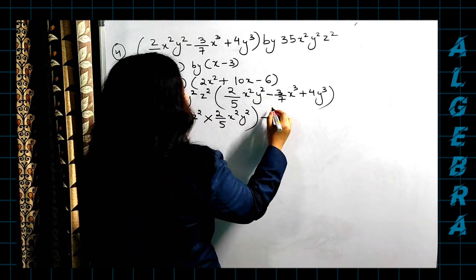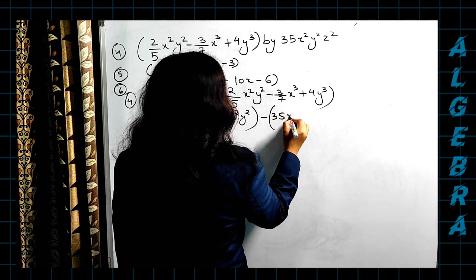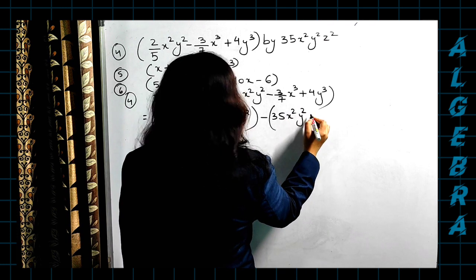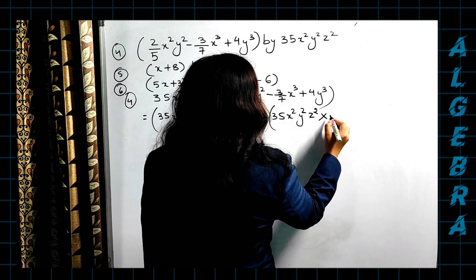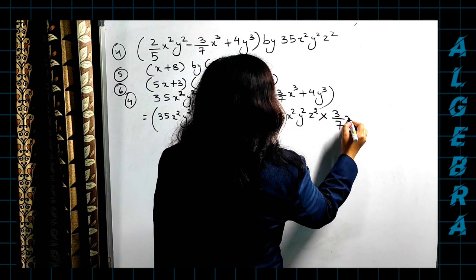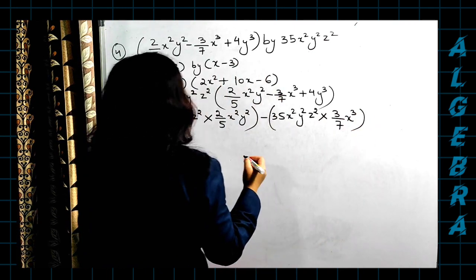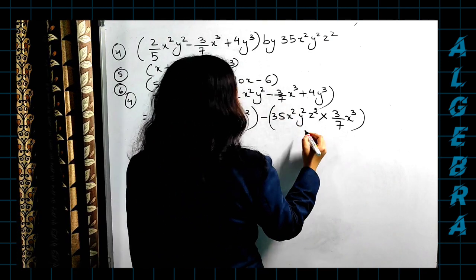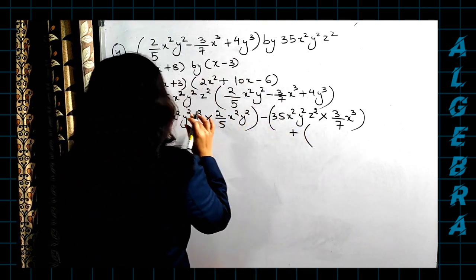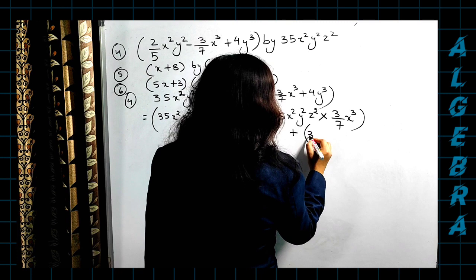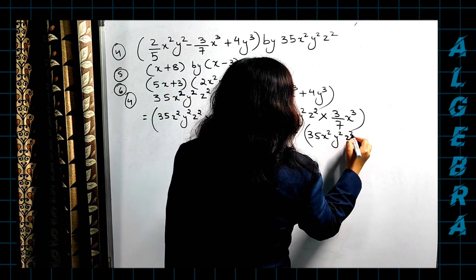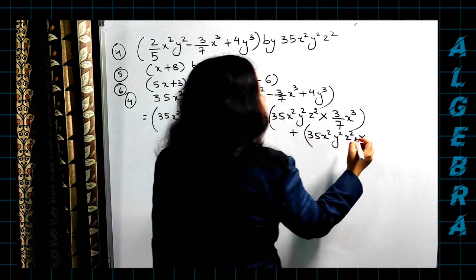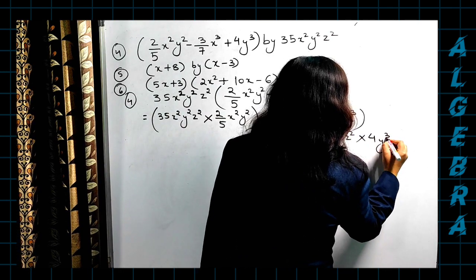Then 35x²y²z² is multiplied to (3/7)x³, right? Then the plus sign is there, put the plus sign. 35x²y²z², clear, is then lastly multiplied to 4y³.